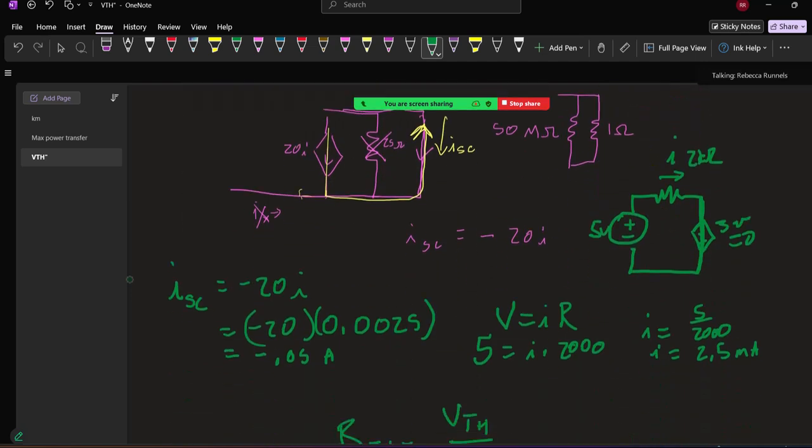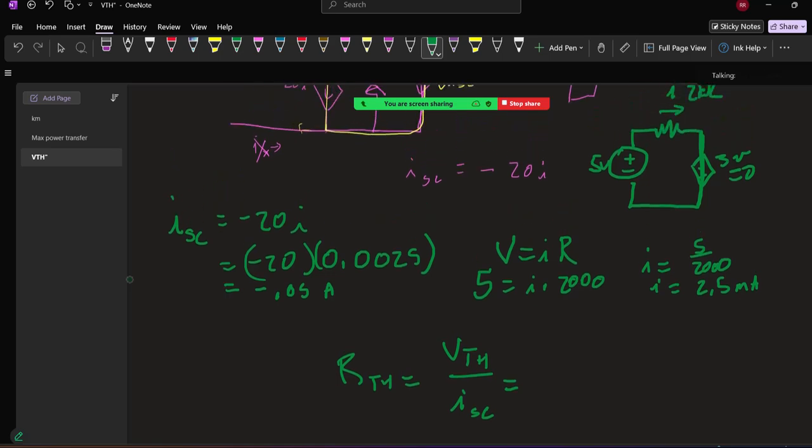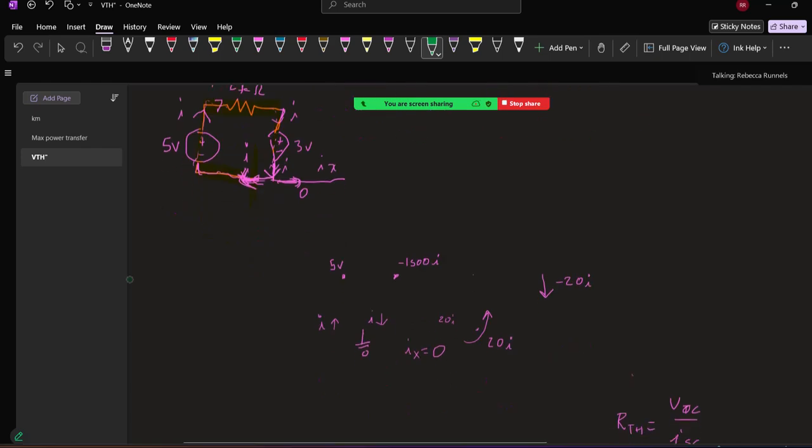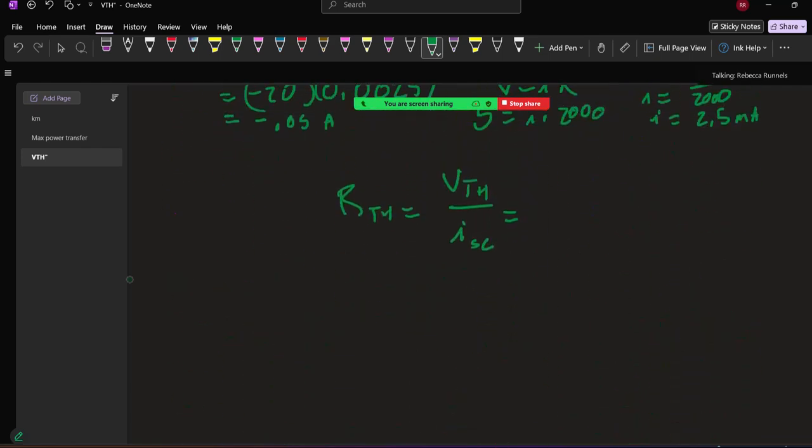I feel like I did that, but I don't remember where. Was it way up here? Yeah, there it is. So V Thevenin was negative 5. And I short circuit is negative 0.05. And so R Thevenin is 100 ohms. And we get a positive number, which is good because resistances have to be positive.